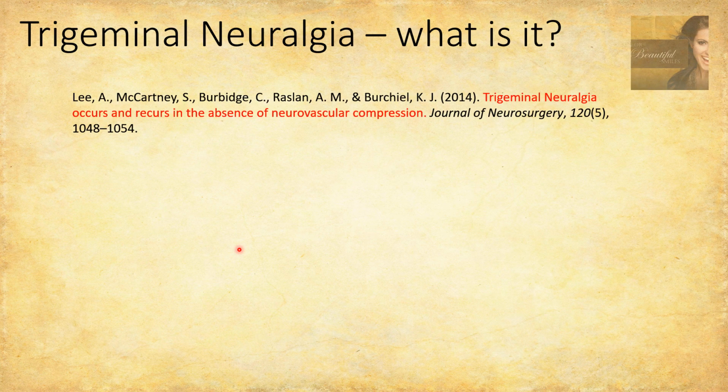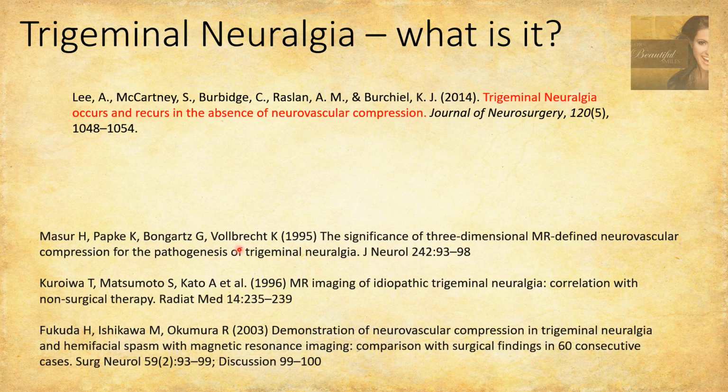All right. It is known in the literature that trigeminal neuralgia can occur and reoccur in the absence of a neurovascular compression. That's been established already. Also worth noting, there have been 3 different studies where they took a control group and an affected group.